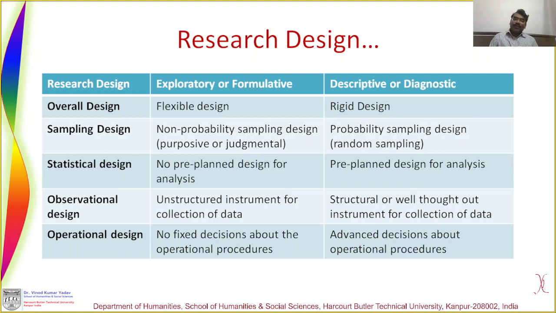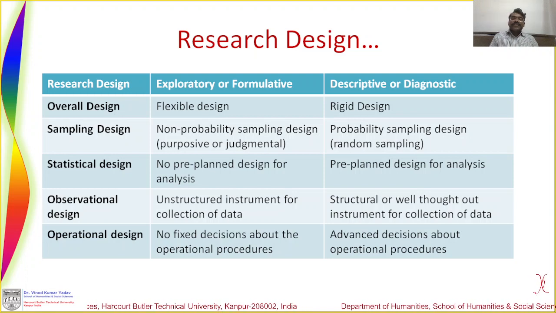Pre-planned design is possible only for descriptive. When you have this unstructured collection of data and no pre-planned design, obviously you will use non-probability sampling design. Whereas in this case, you have probability sampling design.